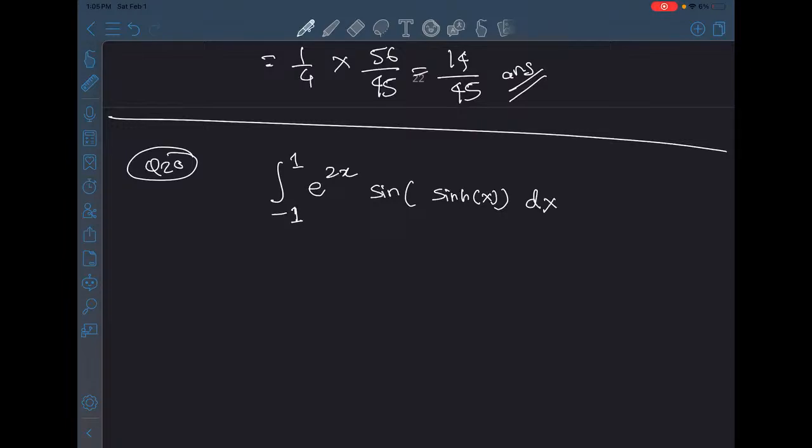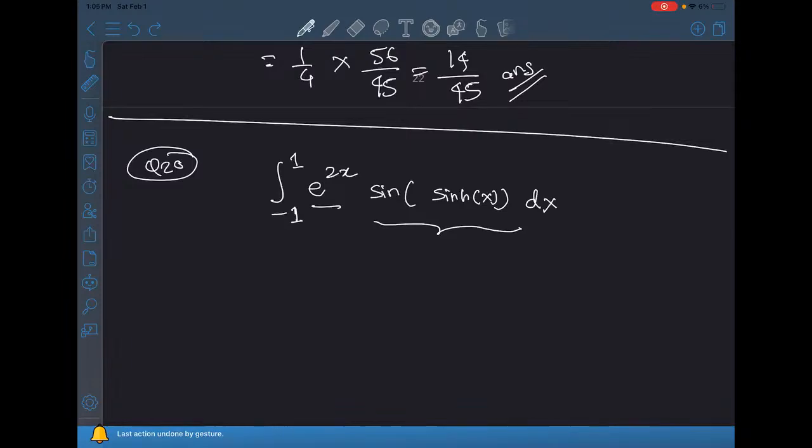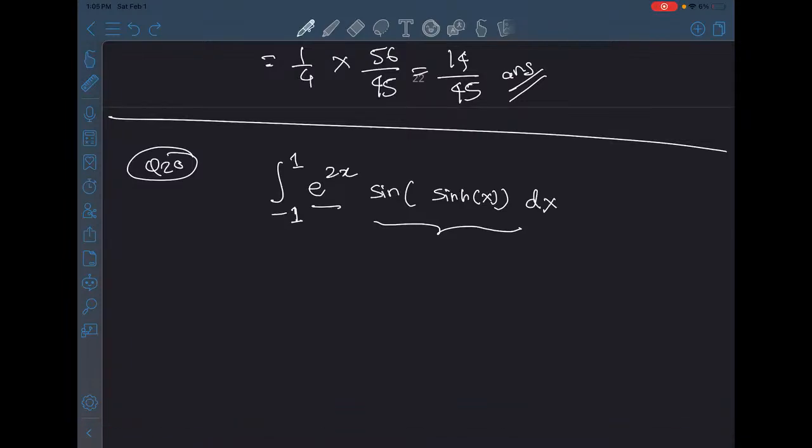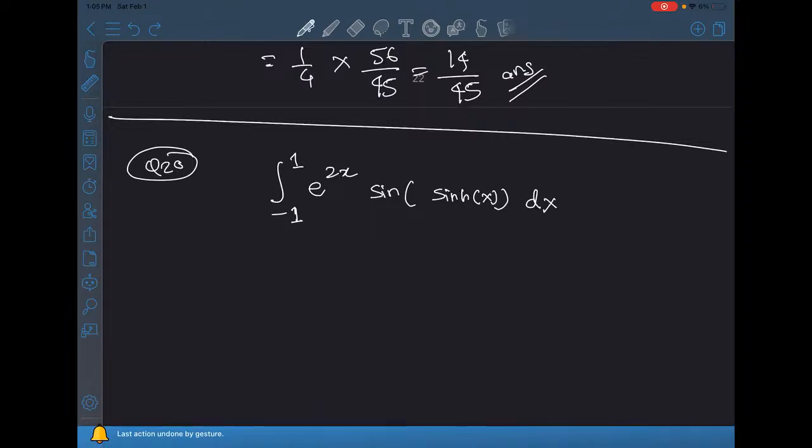Hmm. 0 minus 0. But how do you know that? I mean, this isn't really an odd function, because the term sine of sinus x is odd, right? But this is neither odd nor even. So using the relation of sinus x with e to the power x can be helpful.